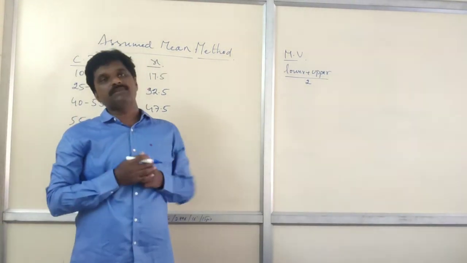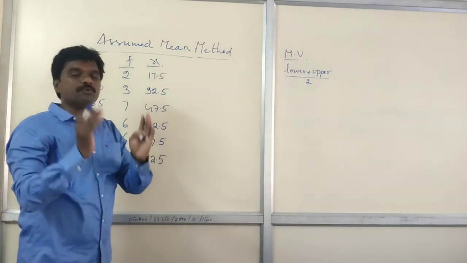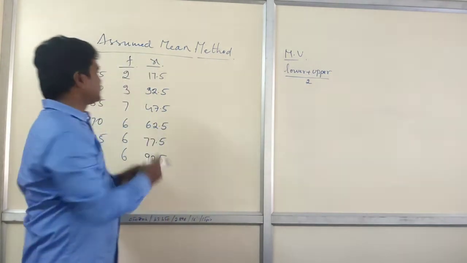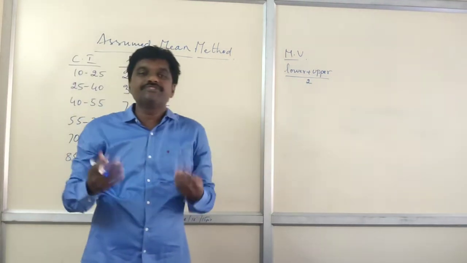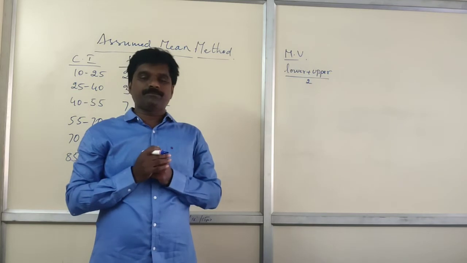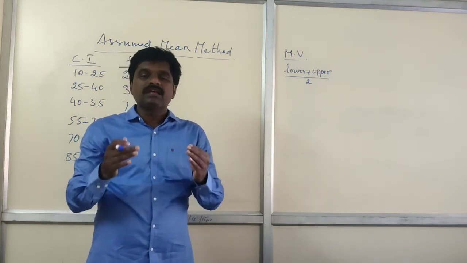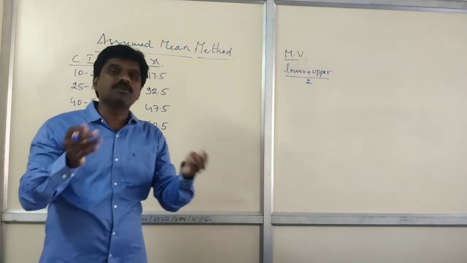So dear students, as we have seen, the method is the assumed mean method. Assumed mean method in the sense that from these mid values, we have to assume a mean. Assume means to guess a mean, an average, and based on it we calculate the average.